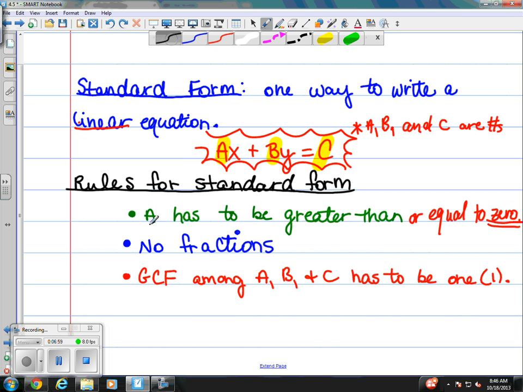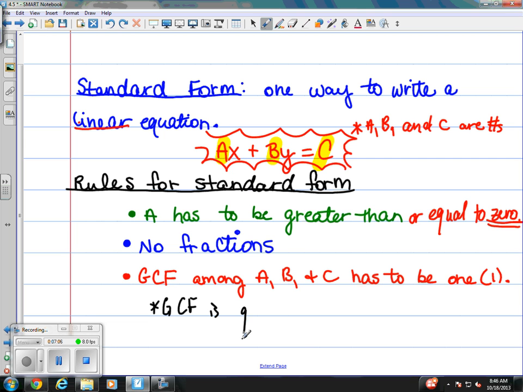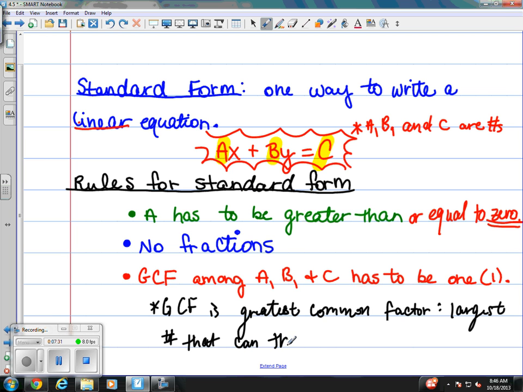Now this is just a real quick reminder about what GCF is. GCF is greatest common factor. And we've heard that term before, but greatest common factor means the largest number that can go into all numbers evenly.